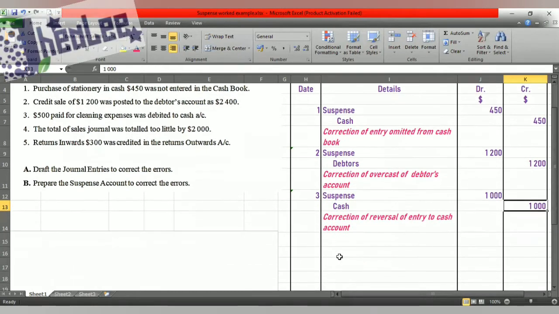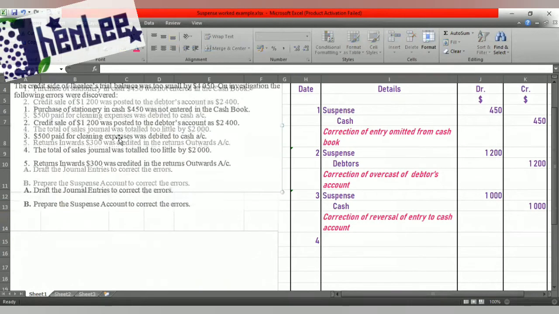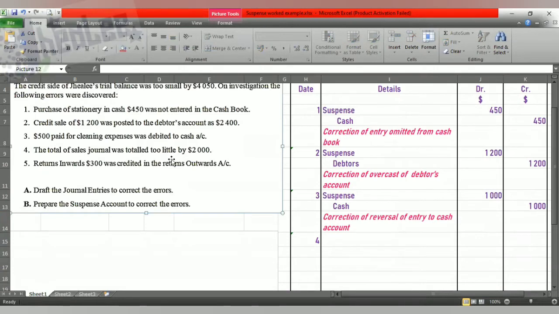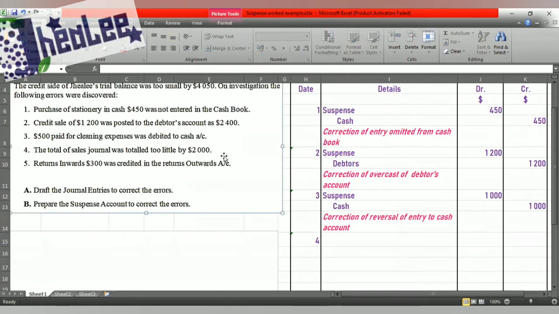We are now going to look at number 4. And number 4 reads, the total of sales journals was totaled too little by 2,000. So we're saying that the sales journal total was too little by 2,000 when you add up.